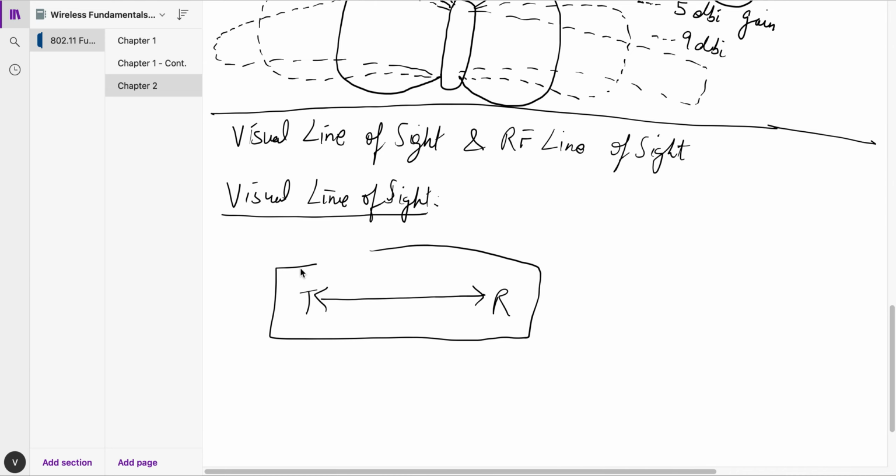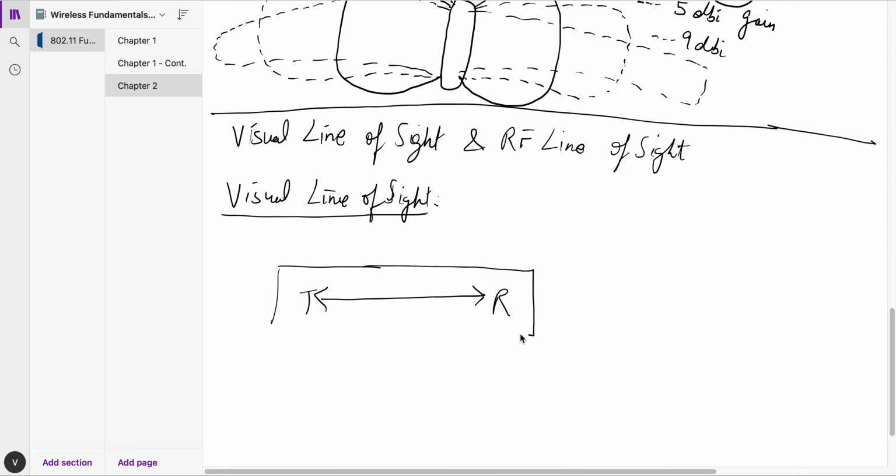So a transmitter should be able to see a receiver properly. There should be enough clear visual line of sight, from the naked eye. That's all it is when we talk about visual line of sight. There has to be a clear path from the transmitter to the receiver. That needs to be clear. There should not be any obstruction in between. That's the visual line of sight.